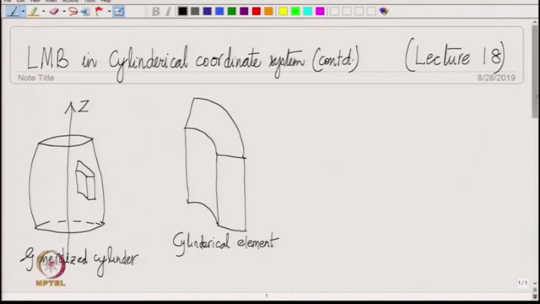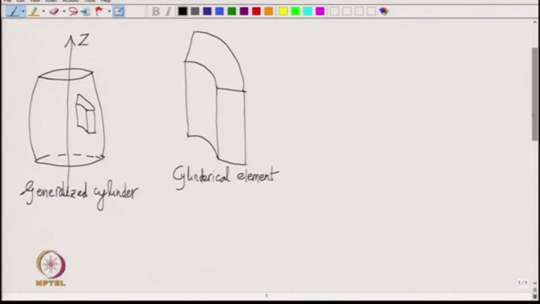The picture right here is the cylindrical element, okay, and we figured out what was the force due to tractions on this cylindrical element on plus z and minus z plane, is not it.